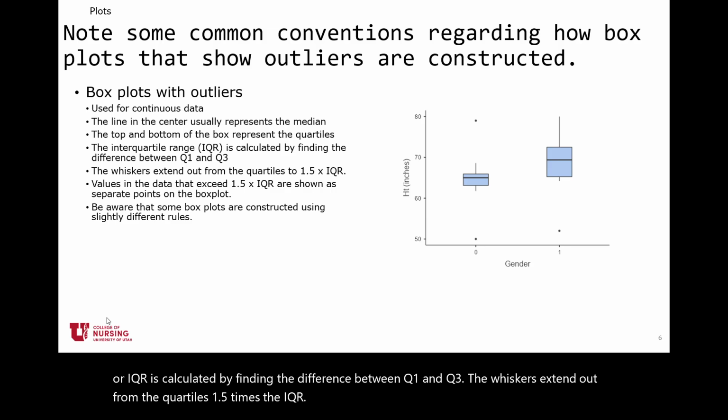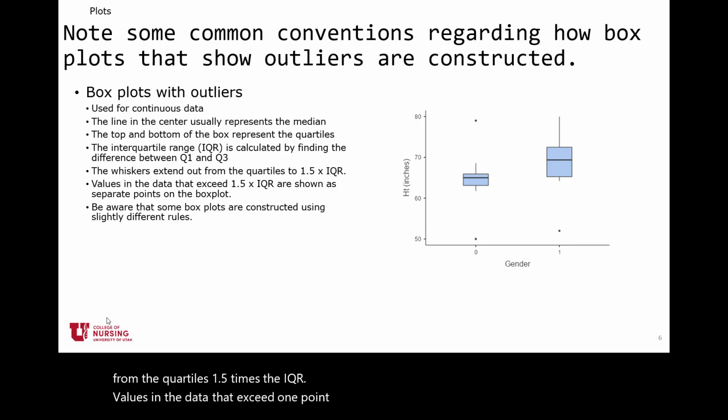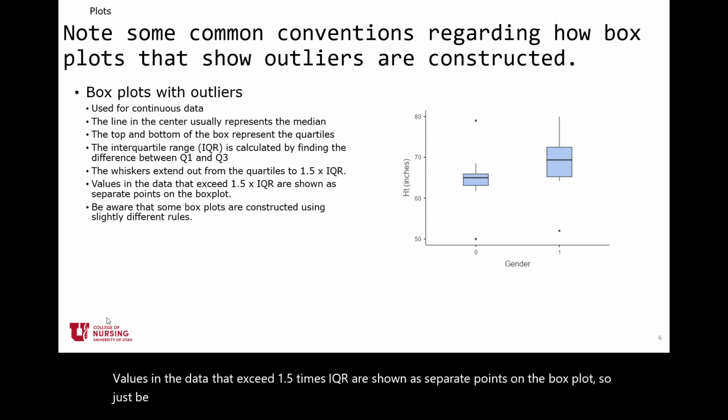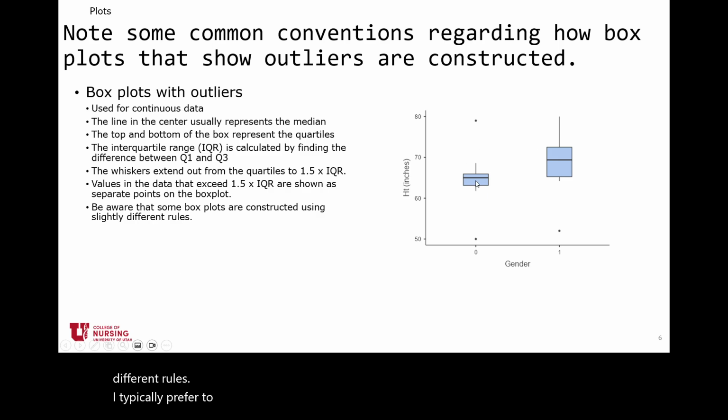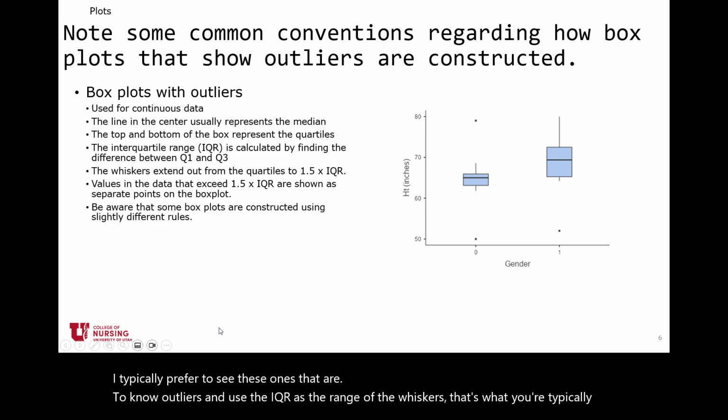Values in the data that exceed 1.5 times the IQR are shown as separate points on the box plot. So just be aware that sometimes box plots can be constructed using slightly different rules. I typically prefer to see the ones that denote outliers and use the IQR as the range of the whiskers. That's what you're typically going to see in statistical software.